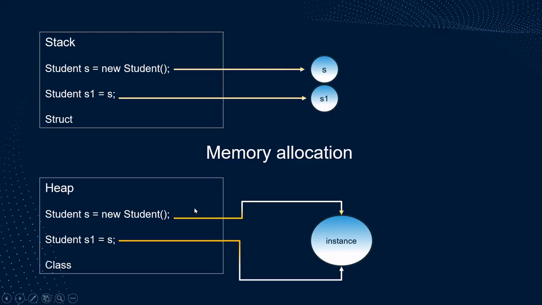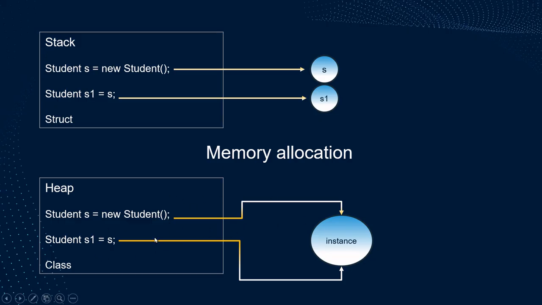But let's look at the class. Class objects are allocated in the heap. So here if you write student s is equal to new student and then student s1 equal to s, it means both the references s and s1 are pointing to the same memory location or the object. Why is it so? Because class objects are created in the heap.